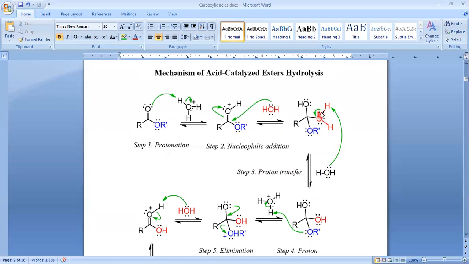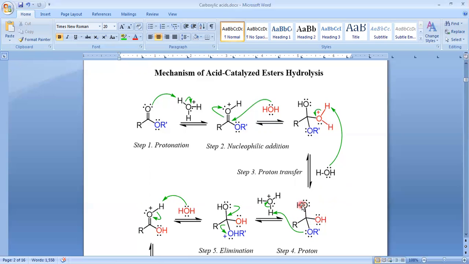Then the proton is removed, and the oxygen relinquishes its positive charge, and now this molecule becomes neutral. Now two OH groups, or hydroxy groups, are present on the same carbon. That setup is known as a geminal diol. Ol means OH group. This is highly unstable.